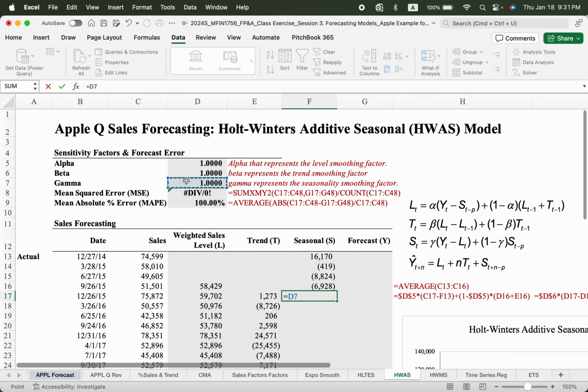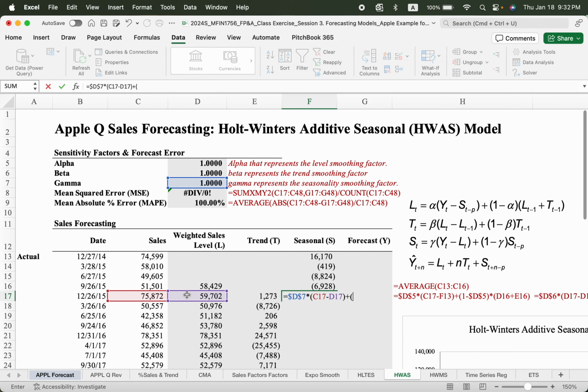We want to fix this, times 1 minus, here Yt, the actual sales, this is 17, minus the level, the weighted sales level, considering the smoothing.